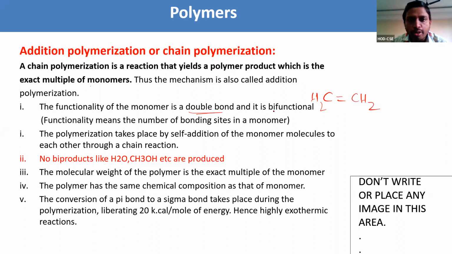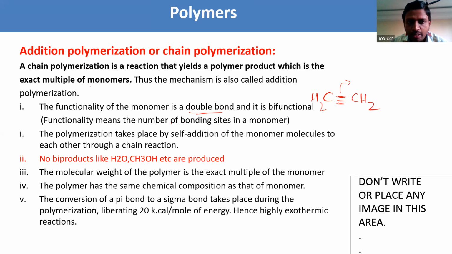There are two bonds present in the ethylene monomer, so the functionality is the number of bonding sites in the monomer.